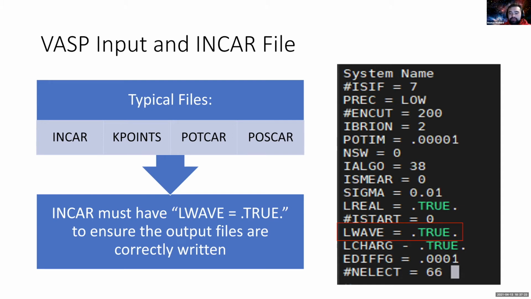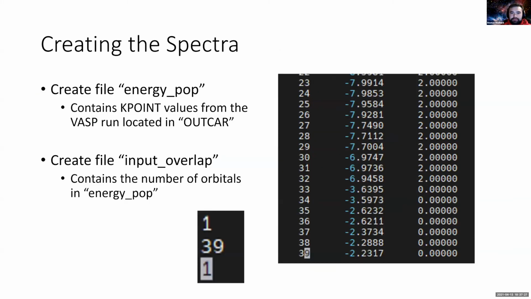And so after you run VASP using these files, you'll then need to create the spectrum. As we talked about before with the last presentation, you'll end up with a list of different momentums and K-point values. You can see that on the right here.